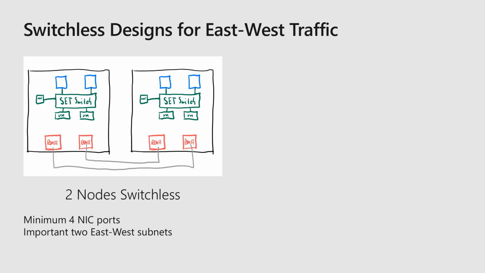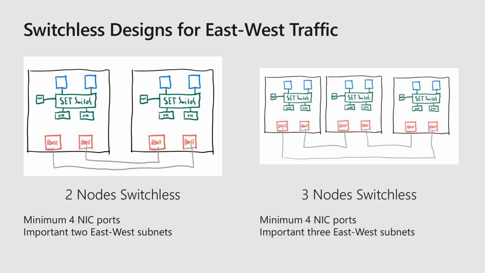So this is possible from 2016 on, but now we can also do a 3-node switchless design, where we have also 4 NICs in every node. And we can connect our RDMA adapter here directly with the other hosts. But every node has to be connected to every other node. So Microsoft doesn't support, let's say, a circle with 4 nodes.